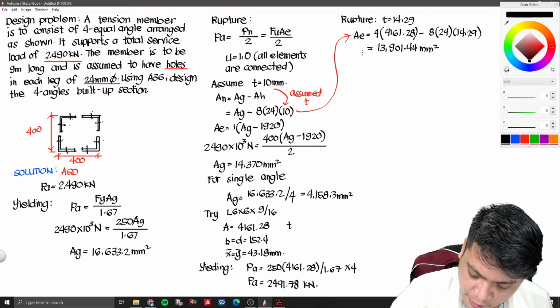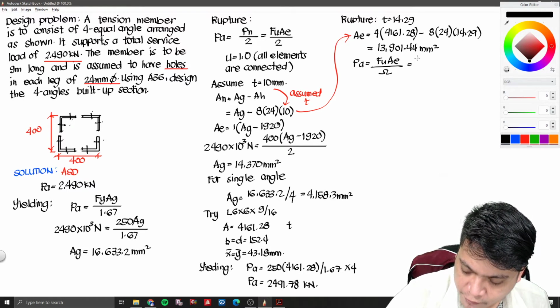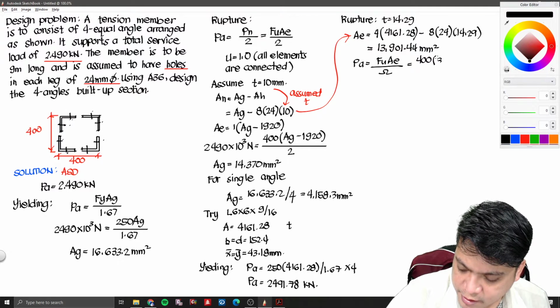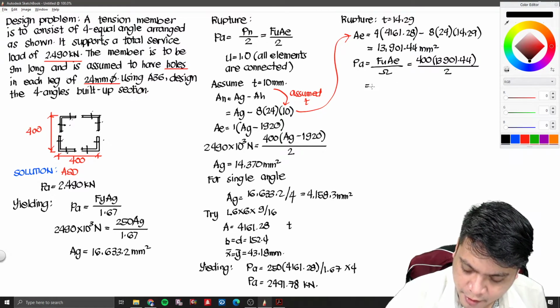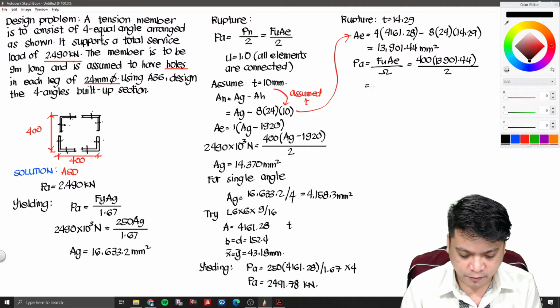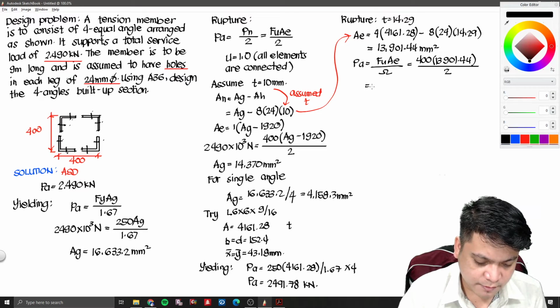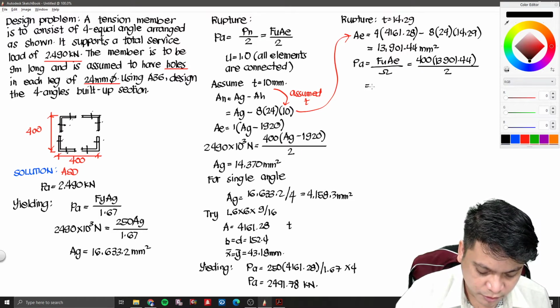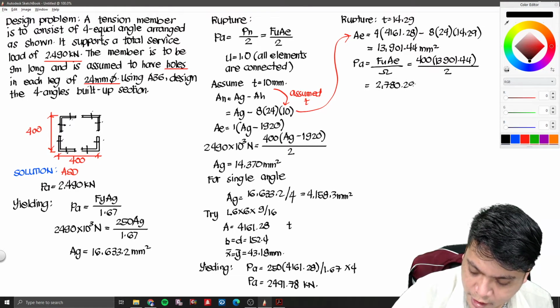So, I can now get PA. So, that equals FU AE all over the omega. FU is 400. AE is 13,901.44. Okay? And then, we divide it by 2. So, that is 400 times 13,901.44 all over 2. Divide by 1,000 to get kilonewton. So, that is equal to 2,780.29 kilonewton.